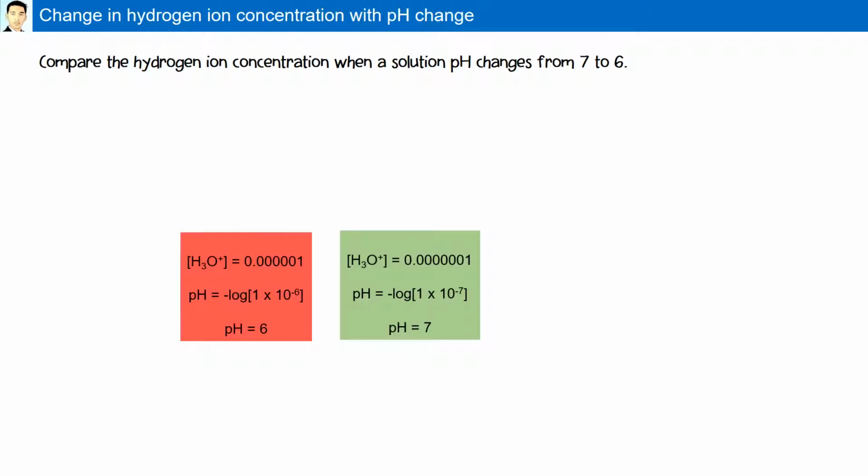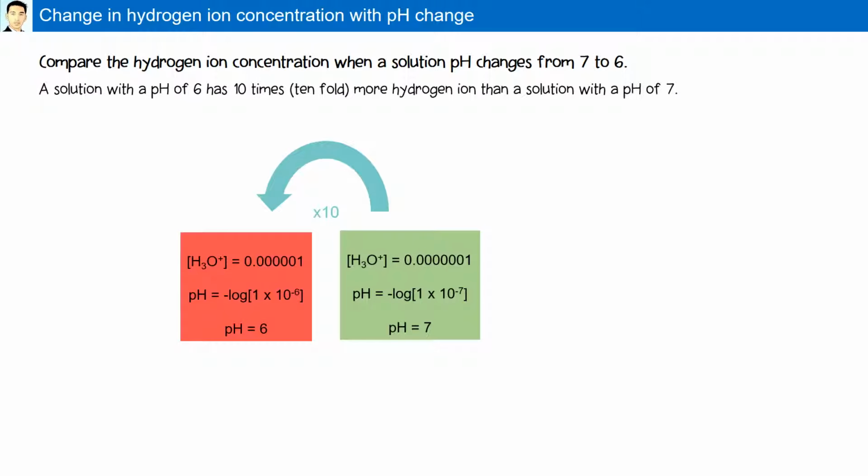A pH of 6, on the other hand, has 1 times 10 to the minus 6. There are more hydrogen ions in a substance with a pH of 6 compared to a pH of 7. How much more? 10 times. A solution with a pH of 6 has 10 times or tenfold more hydrogen ions than a solution with a pH of 7.